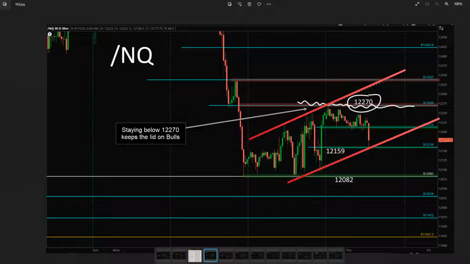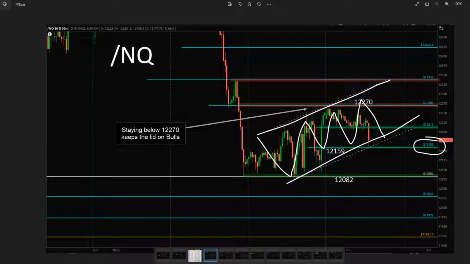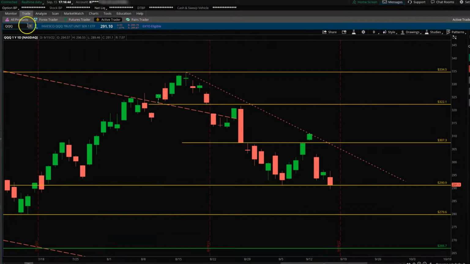Once the market opened, the price never got to that level, and the price action was moving in a bearish range pattern. Once it broke down below 12,159, that would have meant it's getting weak and wants to go even further down. That was the thought process. Now let's see what actually happened.